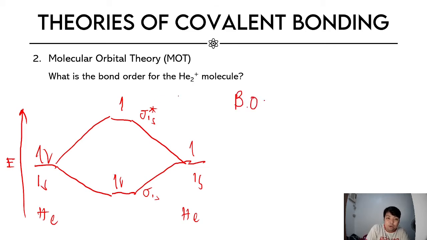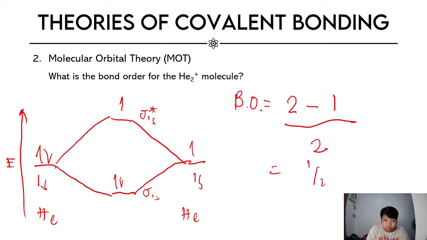The bond order is equal to the number of electrons in the bonding molecular orbital, which is 2, minus the number of electrons in the antibonding orbital, which is 1, divided by 2, and your bond order is equal to 1/2.